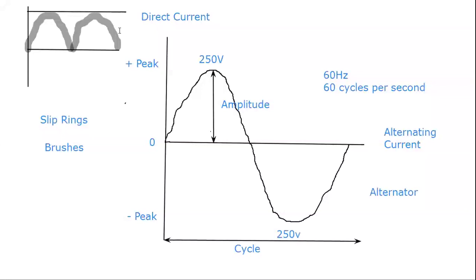But because the wavelength is much less, the cycle is much more frequent with the direct current. So we don't refer to direct current in terms of cycles. We refer to alternating current in terms of cycles.